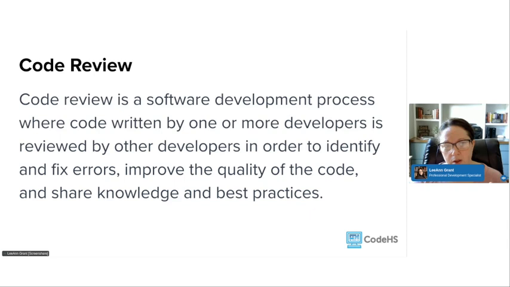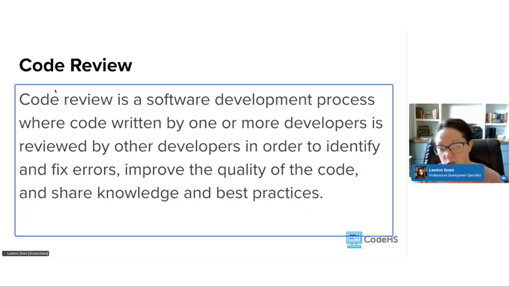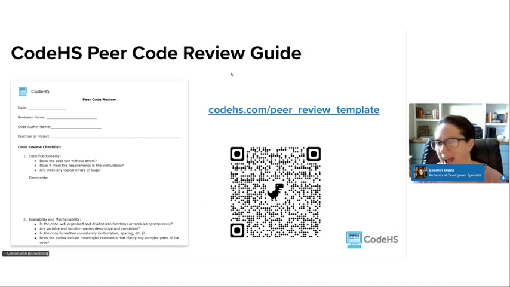And the way that we can do this is we have a CodeHS peer code review guide. So at CodeHS, we have something written out already that you can have your students take and complete as part of the peer review. It has the date, the reviewer's name, the code author's name, the exercise or project, and then it has a checklist like code functionality, readability, and maintainability.